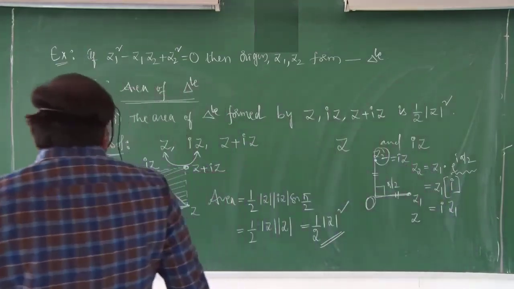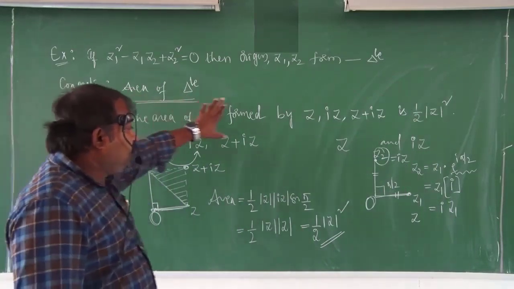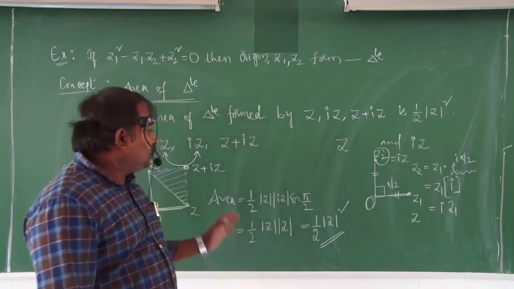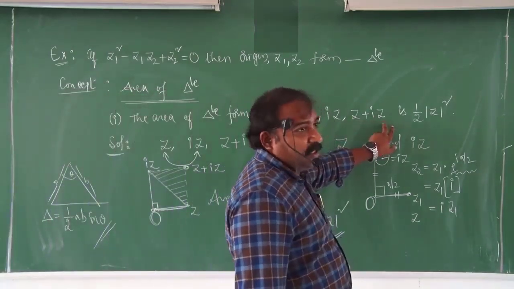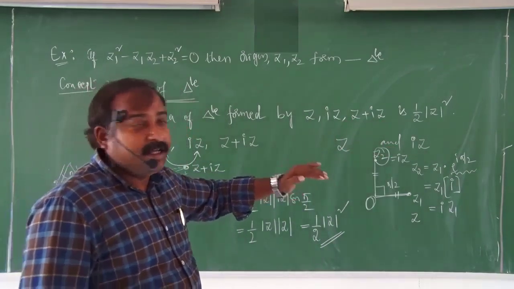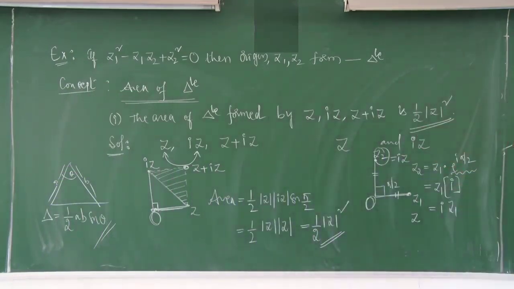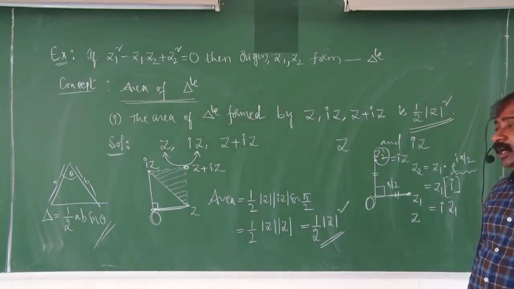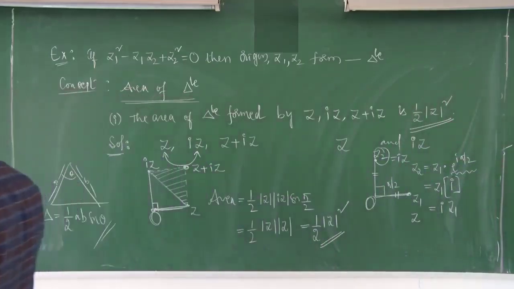As one important point, you have to remember this: the area of the triangle formed by Z, IZ, Z plus IZ is given by half into modulus Z square. I hope you can understand.